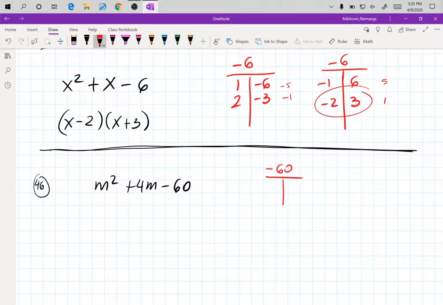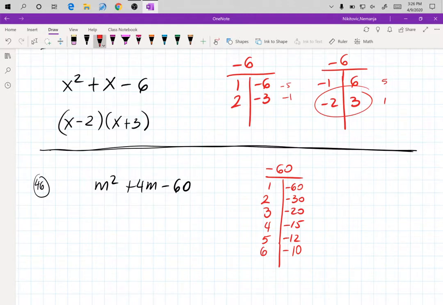Factors of negative 60. That's 1 and negative 60, 2 and negative 30, 3 and negative 20, 4 and negative 15. Again, you can do this on a calculator. 60 divided by 1, divided by 2, divided by 3, divided by 4, divided by 5, divided by 6, 7, 8, 9, 10 is a repeat already.